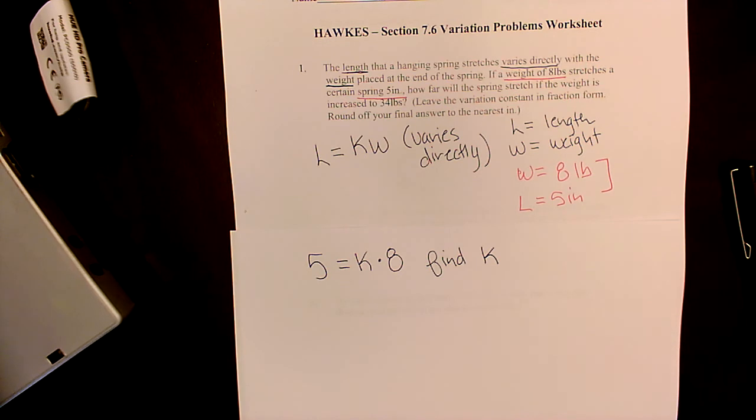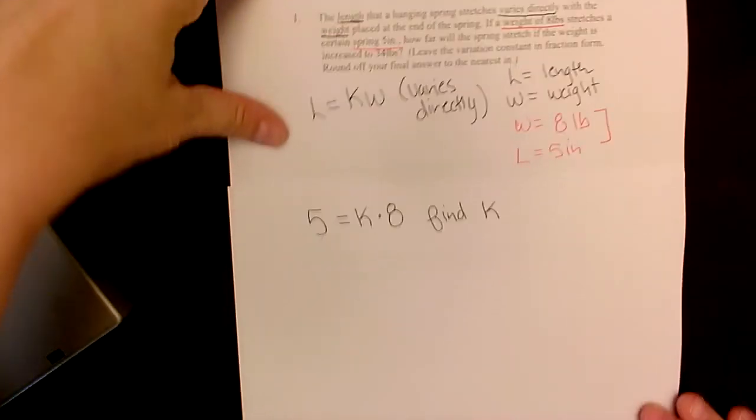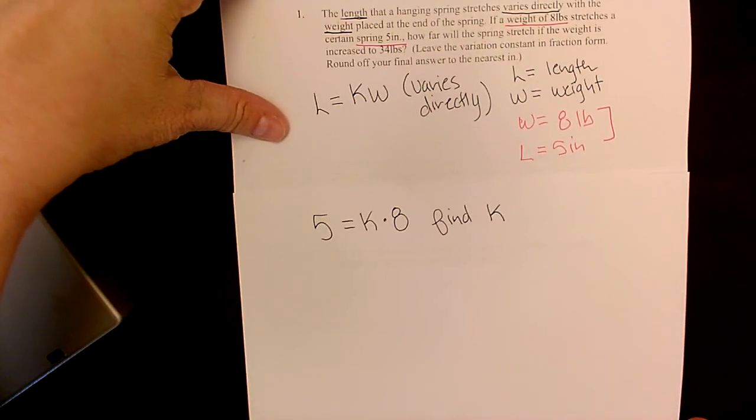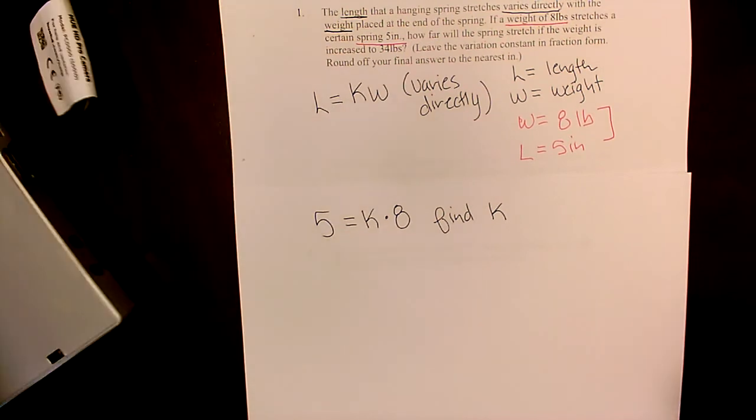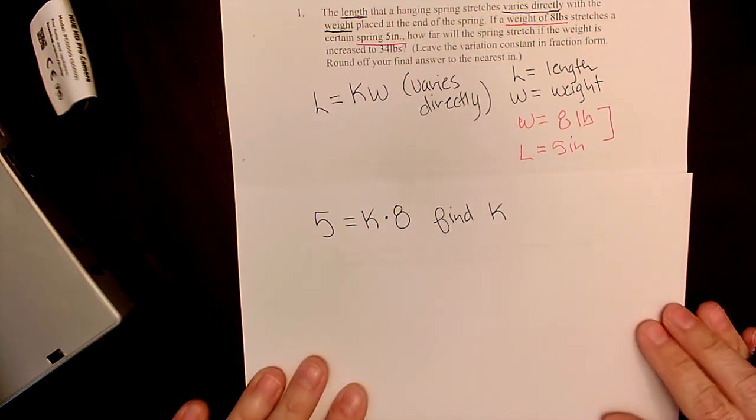We can do any of these problems because K is in all the formulas. Okay, but let me say that a better way. K does change for each formula. But once we find K for this, we can find anything for this particular problem. That's what I want to say.